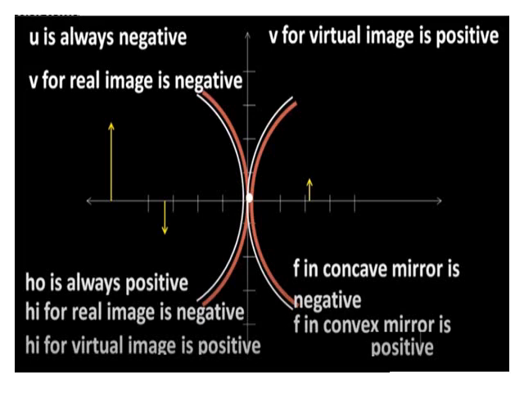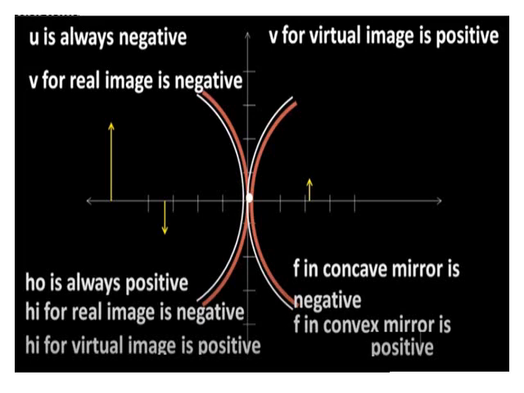Any distance which you measure on the left side of the pole is negative, and any distance which you measure on the right side of the pole is positive. Any distance which you measure above the pole of the mirror is positive, and similarly any distance which you measure below the pole of the mirror is negative.